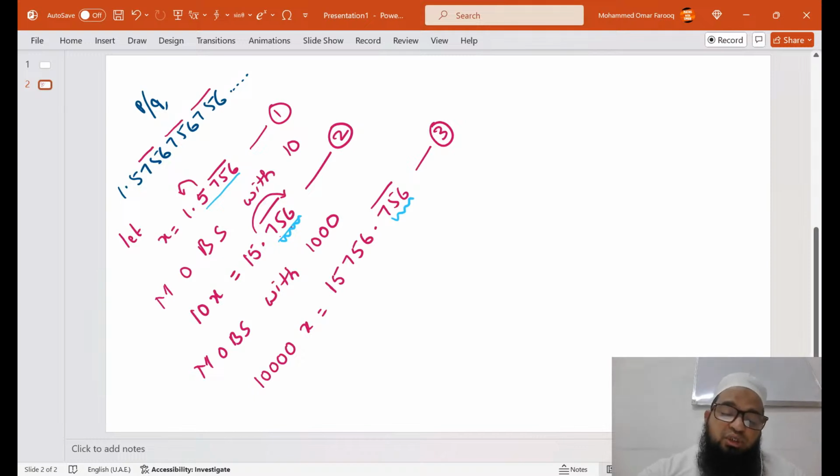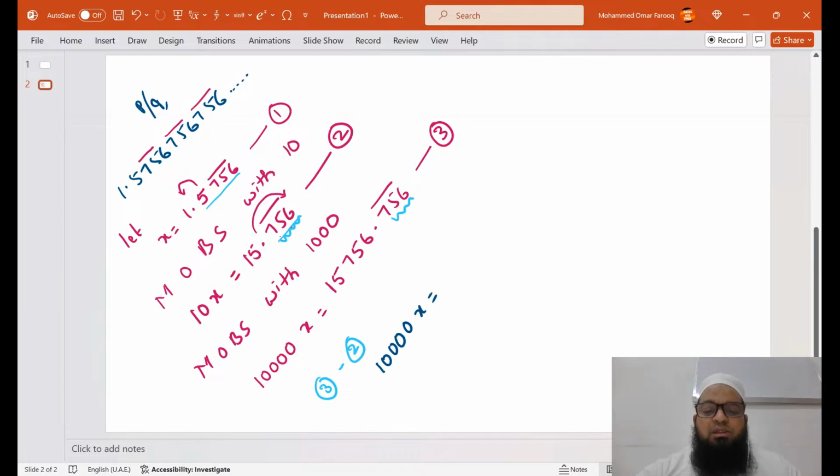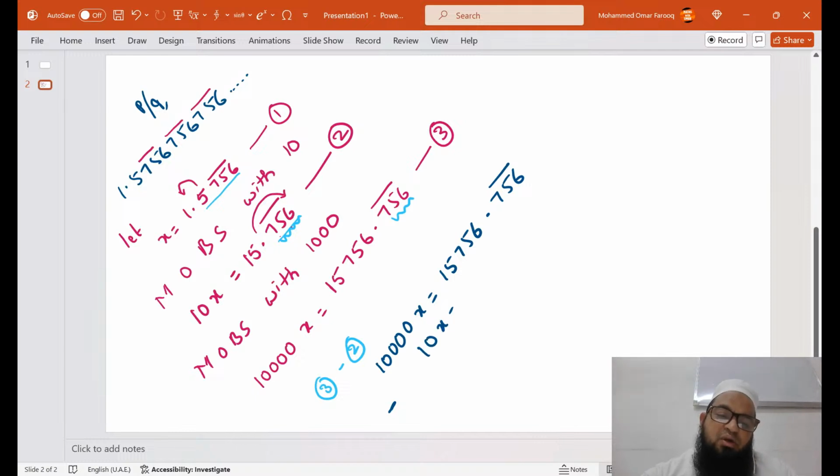So now let us subtract second from third. So that means 10,000x equals 15,756.756 bar minus 10x equals 15.756 bar.